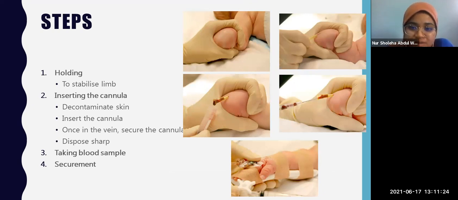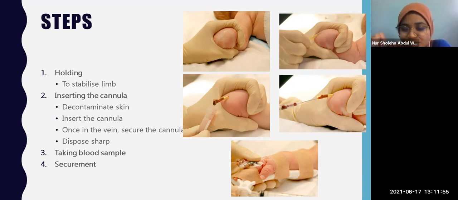Okay, for the holding, we need to stabilize the limb. We may ask an assistant to stabilize the limb by holding the joints above or below if necessary. But in an infant, when accessing the hand, we can grasp the hand of the neonate as shown in the first picture above. Why do we grasp the neonate's hand?